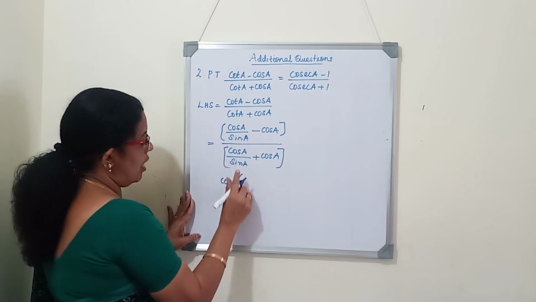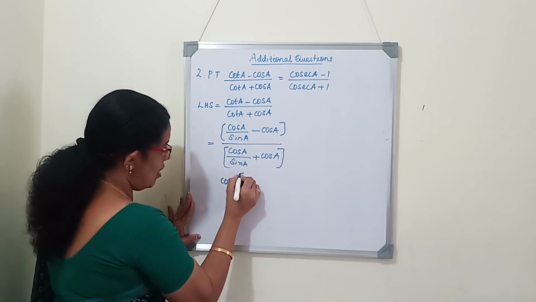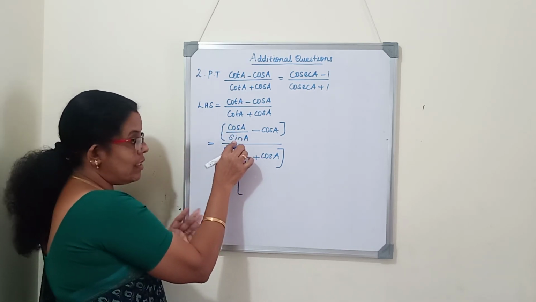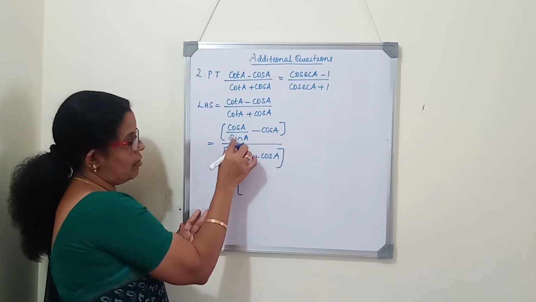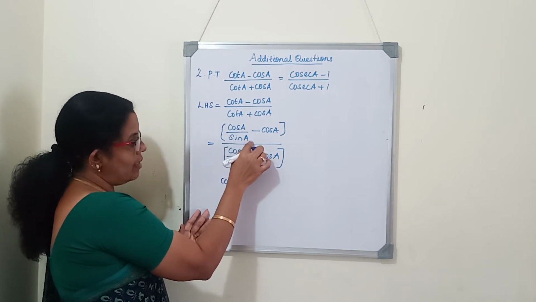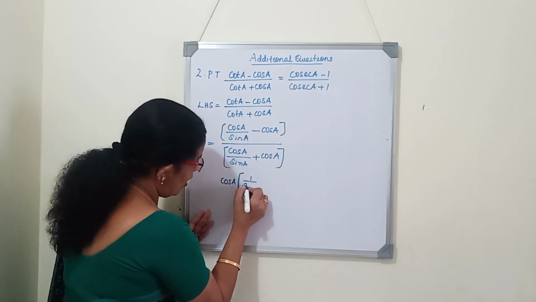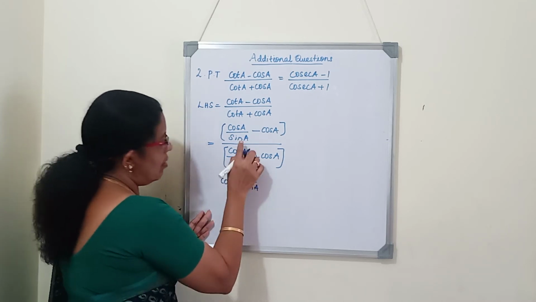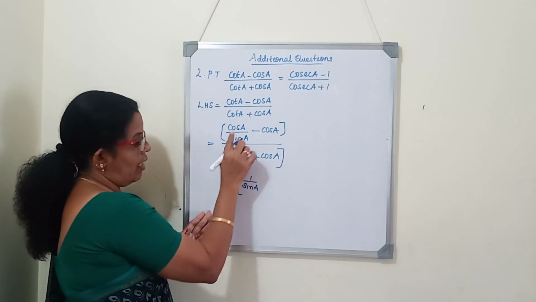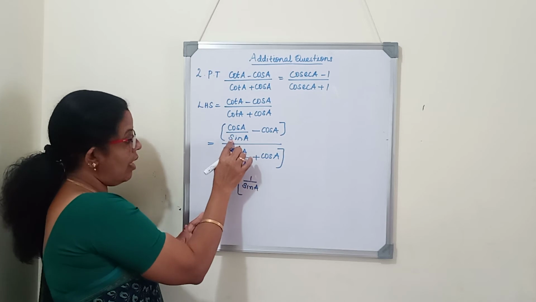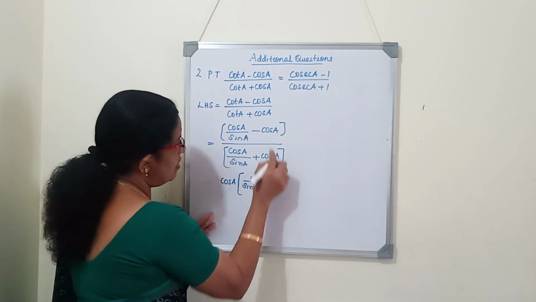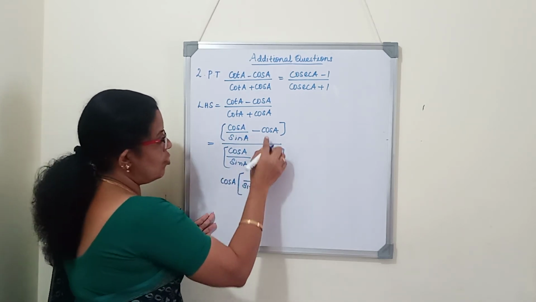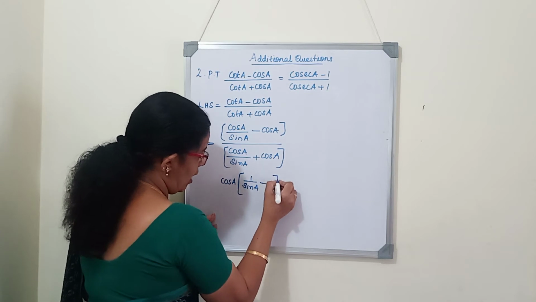When we take cos A in the numerator, what is the remaining term? Sin A is there but that is in the denominator, so we say 1 by sin A. So when we take cos A as common, the first term will be 1 by sin A. Don't write sin A because sin A is in the denominator. Minus, this cos A had been taken outside, so we will write it as 1.